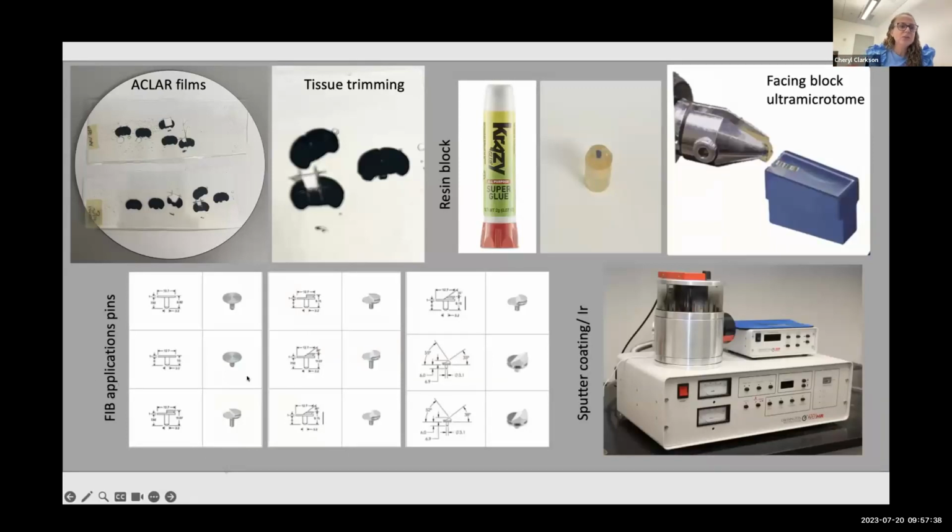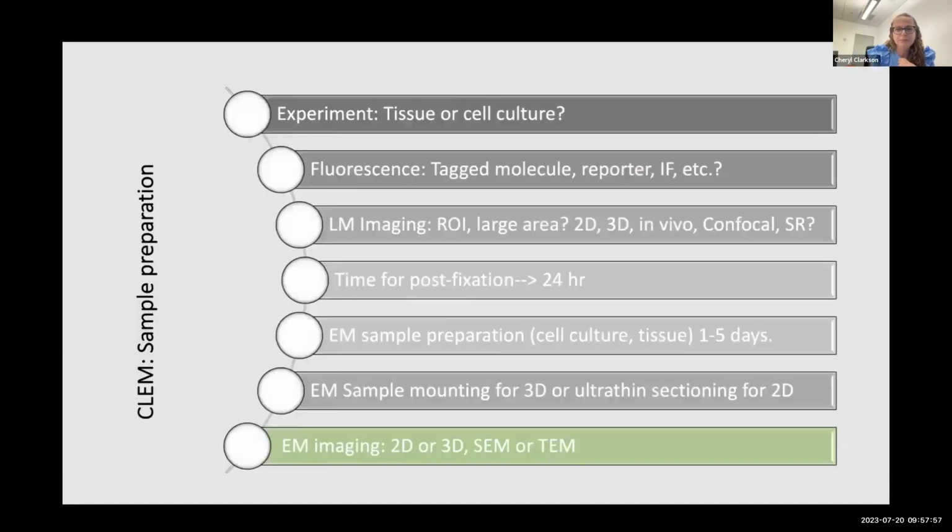As you can see here, you have different types of stubs. For the FIB-SEM, you have more variety, and you just have to put on 1 or at most 2 nanometers of platinum palladium. And after that, we are ready with the same sample preparation for running our FIB-SEM as a part of the CLEM. And then we are going to finish with the EM imaging.